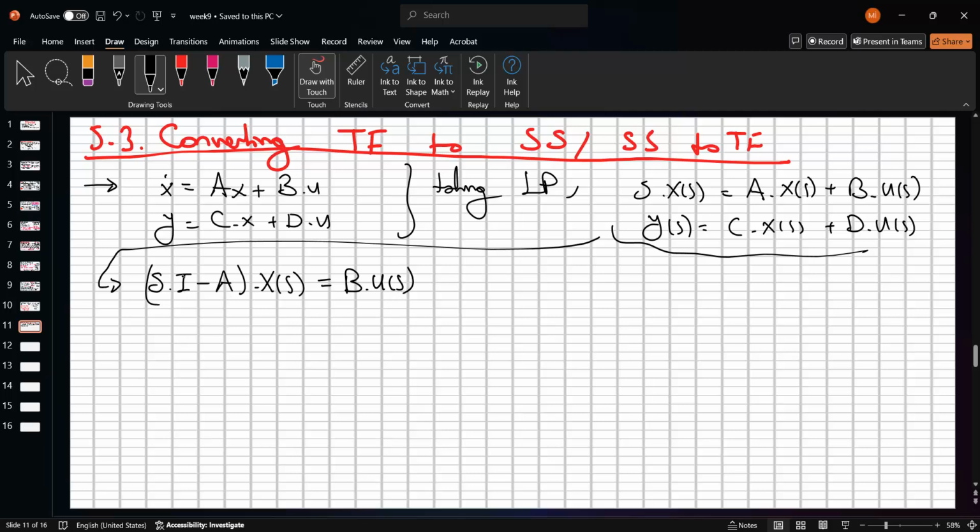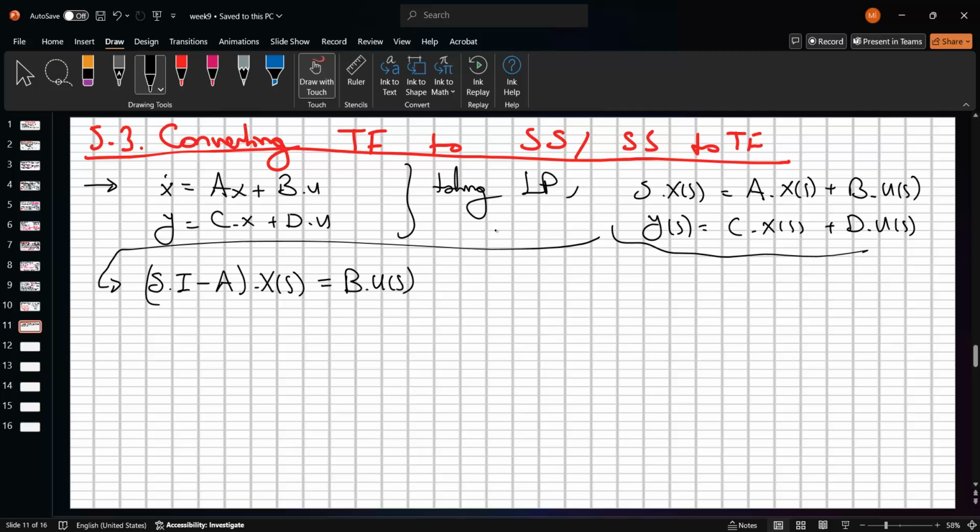This is the identity matrix in here, okay? Because A is a 2 times 2 matrix, or an n times n matrix, and S is a scalar, so this I must also be an n times n matrix here. This is the B times U(s), okay?